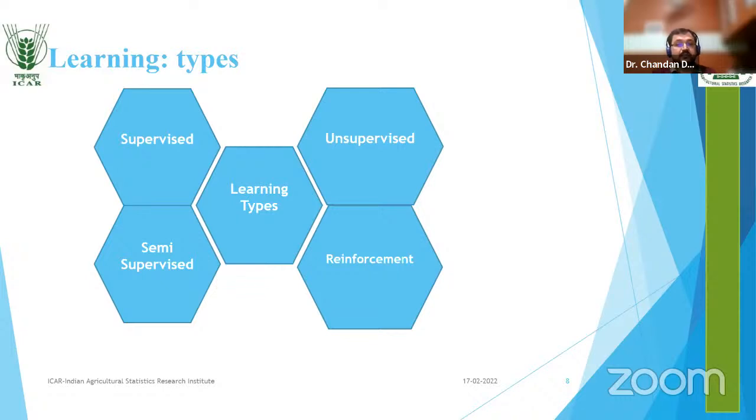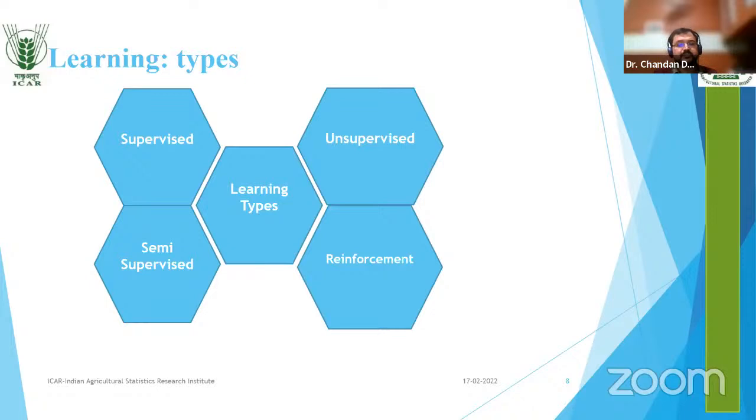Another type of learning is unsupervised learning, where we do not explicitly tell the machine what the class is or the label of the class. The machine itself tries to learn which class an object should belong to.